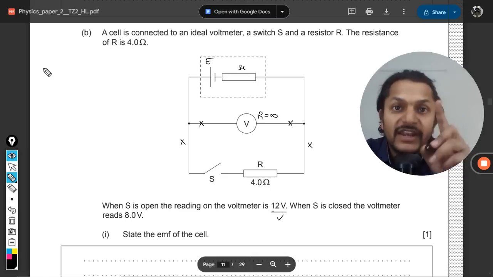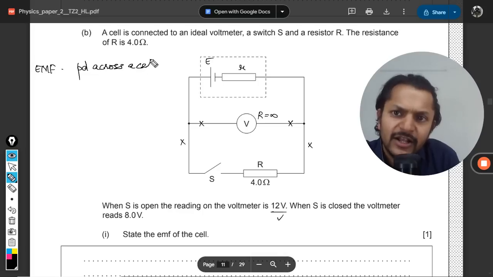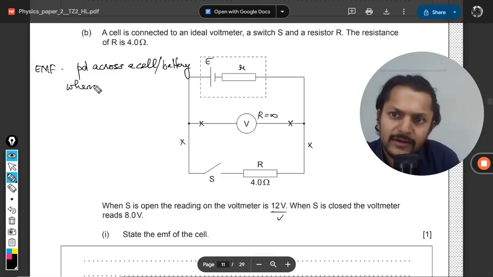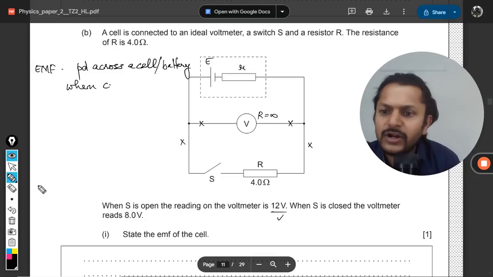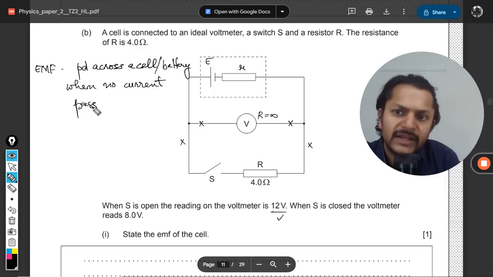Now, very important point. What is EMF? How is it defined? EMF is the potential difference across a cell or a battery when no current passes through it.